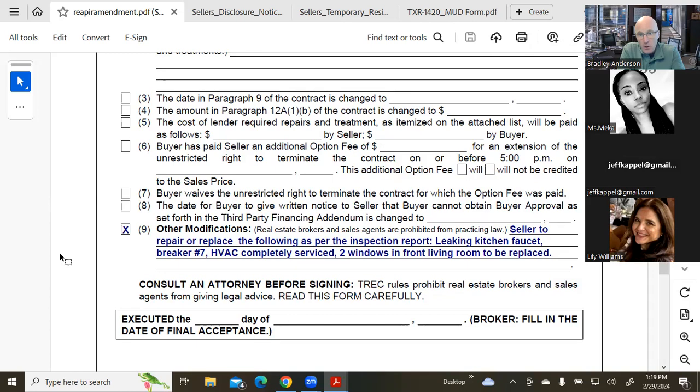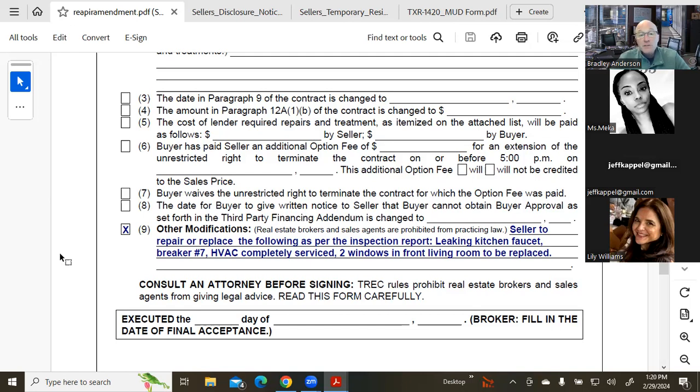And the answer is no. But if you reference the inspection report here, you want to make darn sure that they have something visual to go back to and create context so that the person knows exactly what you want fixed. So I would give the pages that speak to the repairs that you want done.